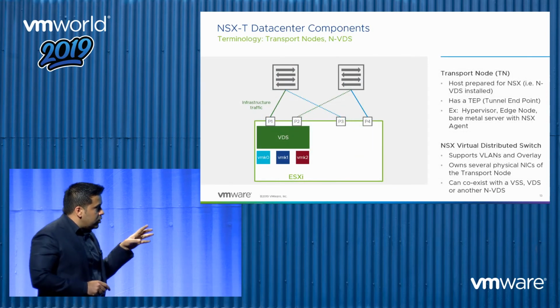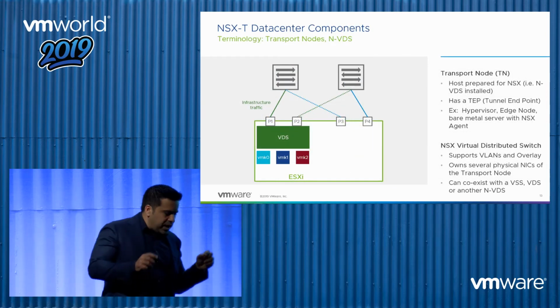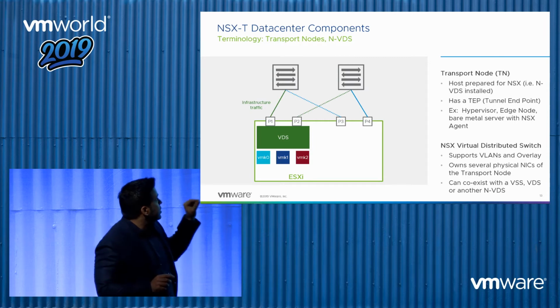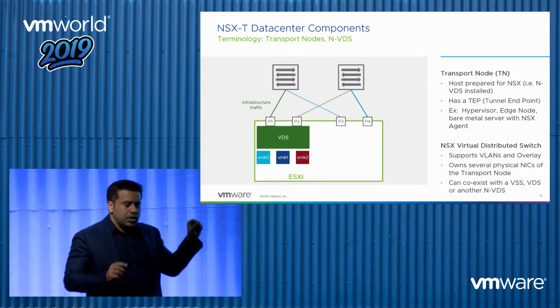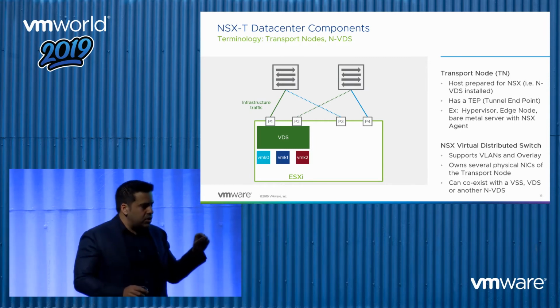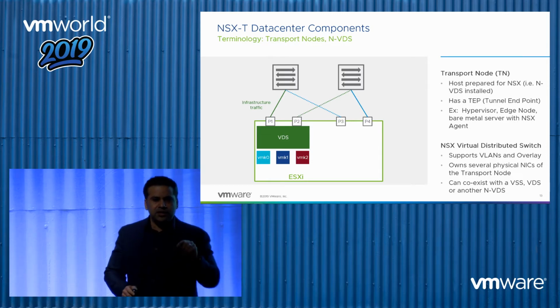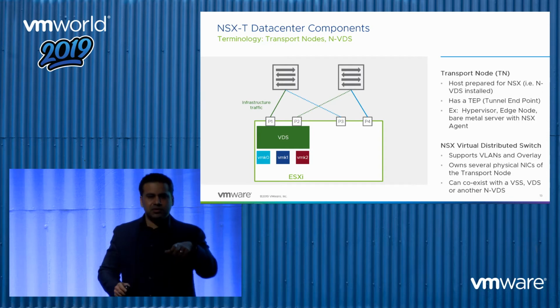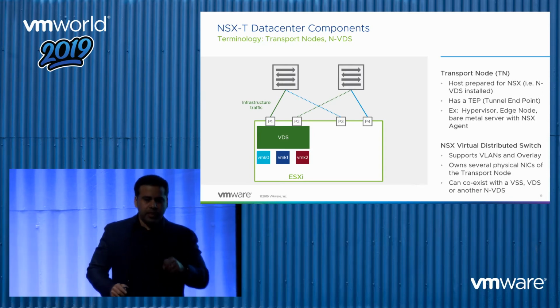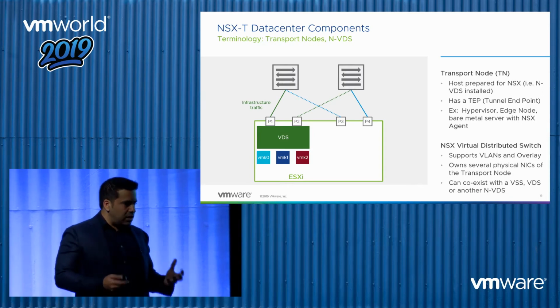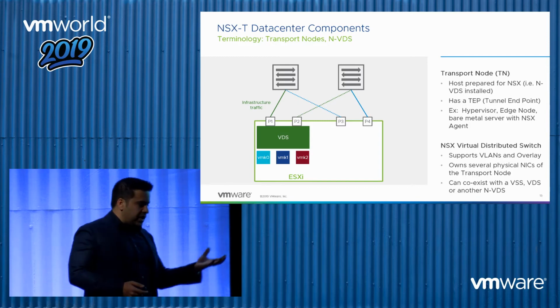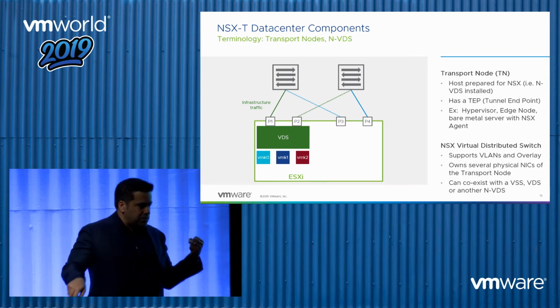Moving on. Just right off the bat, I wanted to start with this slide. What is a transport node? When I say transport node, an NSX-T transport node is any node that has NSX installed on it, NSX VIBs installed on it, and is also configured for a tunnel endpoint. That means it can encapsulate overlay and it can decapsulate overlay.